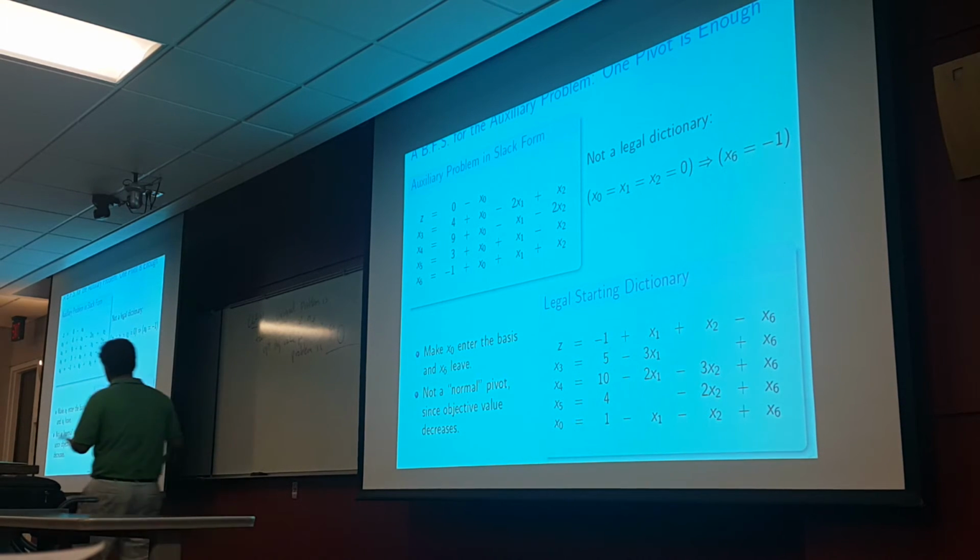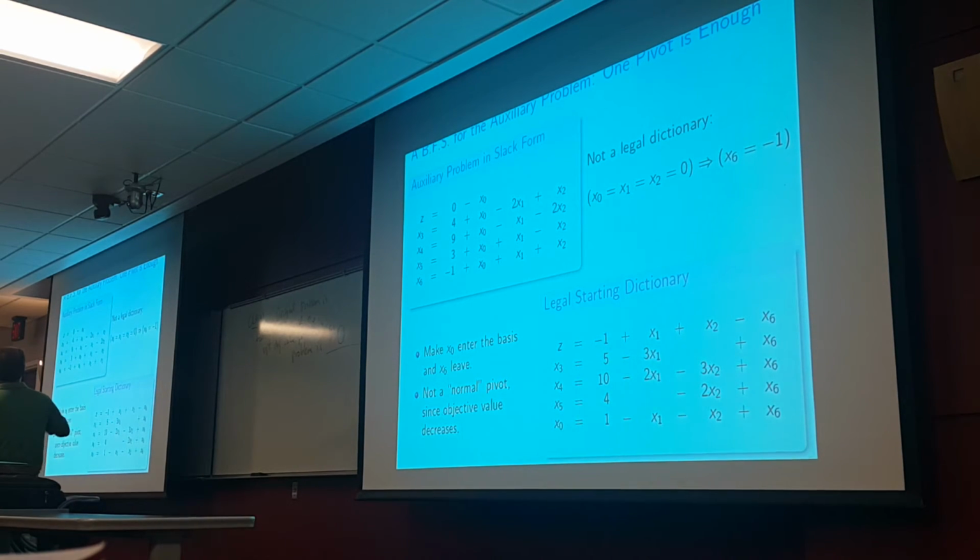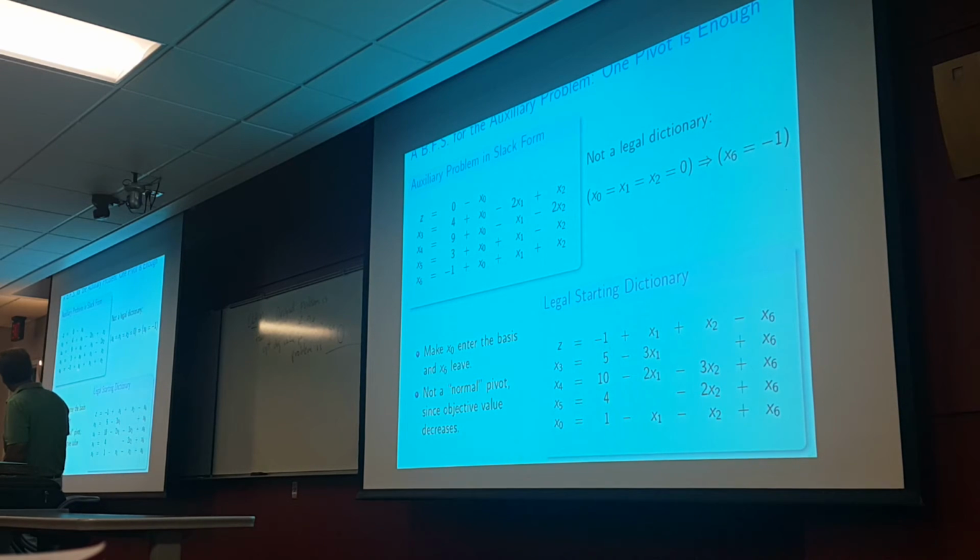But there's a little trick, which is very simple, in fact, incredibly simple, which in one pivot allows you to go from this, which is not a valid dictionary, to a valid dictionary. So what you do is you just look at the most negative of these b's and do a pivot. You pivot x0, you make x0 enter the basis, and this variable, in this case x6, leave.